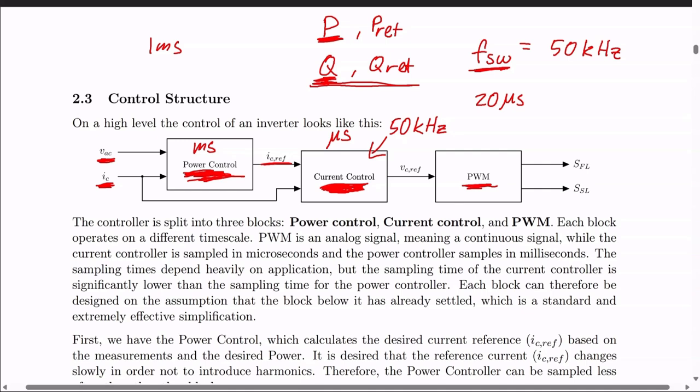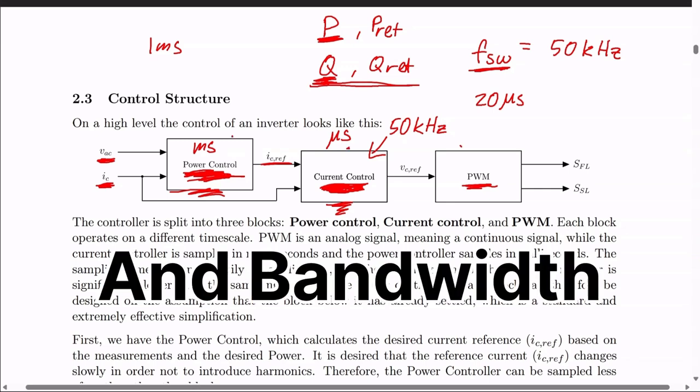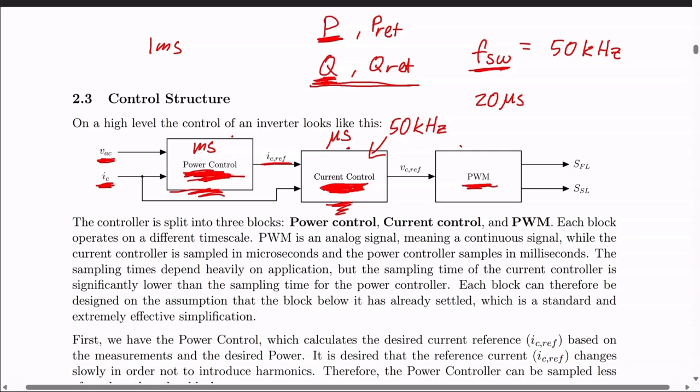Because the current controller is much faster than the power controller, we can neglect the power controller when we are designing the current controller. This method is called cascading, where you have multiple controllers after each other, but with different sampling rates, so they don't interfere with each other. So that is basically how the controller works.